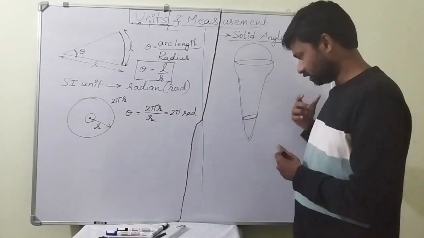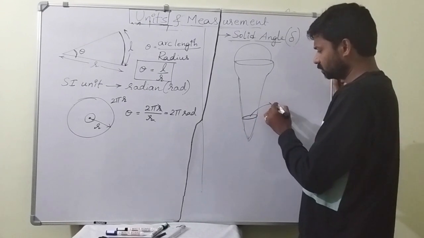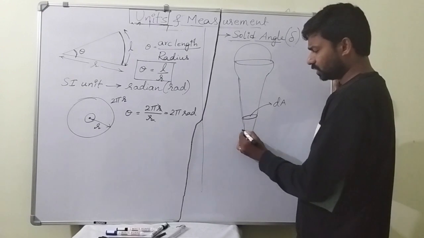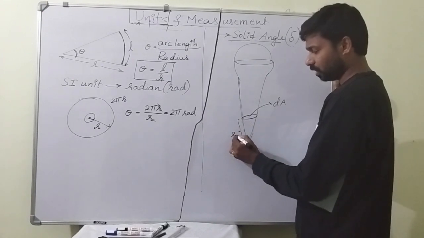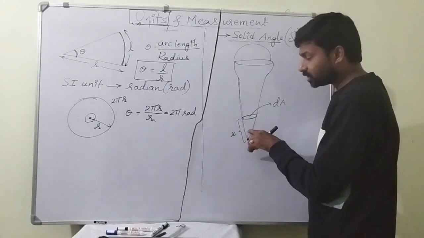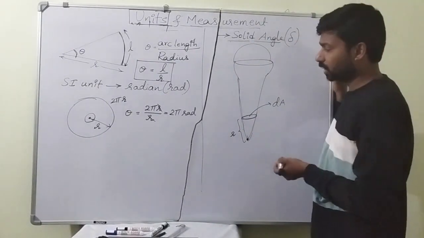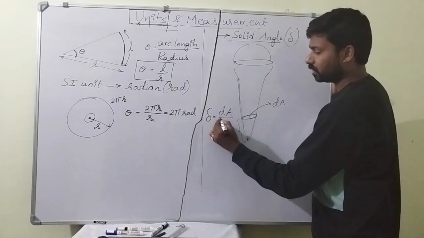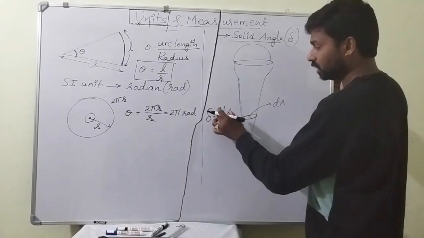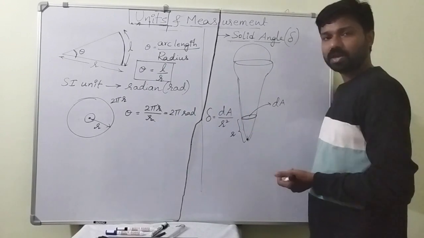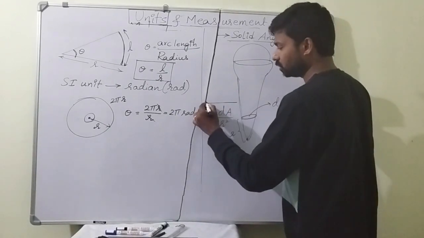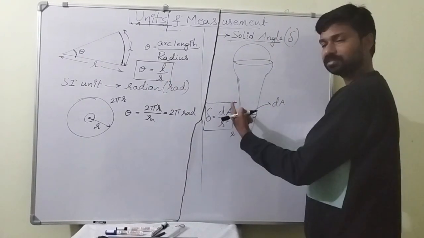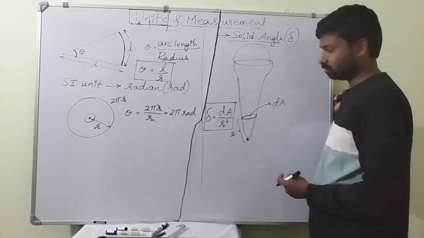Let me take that area as dA, and with this point as the center, let me take the radius as R. This three-dimensional angle we call solid angle. And the formula for solid angle is dA divided by r square, that is, area of that surface divided by r square. Plane angle is arc length by radius. Solid angle is area by r square. Is it okay?